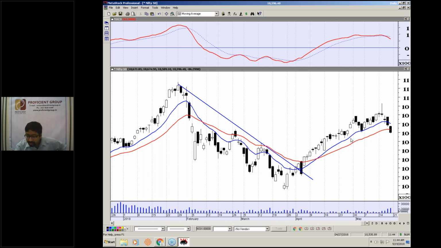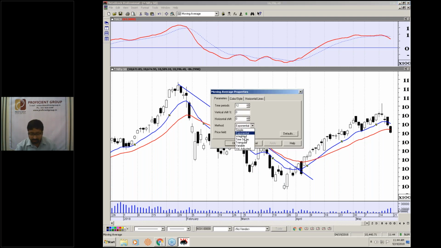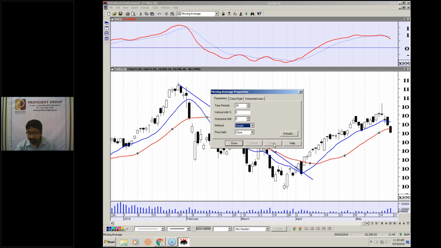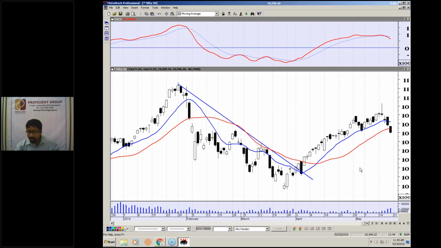Here I have plotted the 12-day moving average in blue and the 26-day moving average in red. When the blue moving average, which is the short-term 12-day moving average, crosses over the red moving average, the longer-term 26-day moving average, the MACD becomes positive.